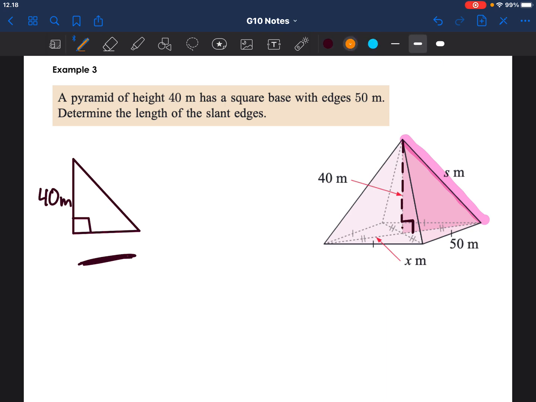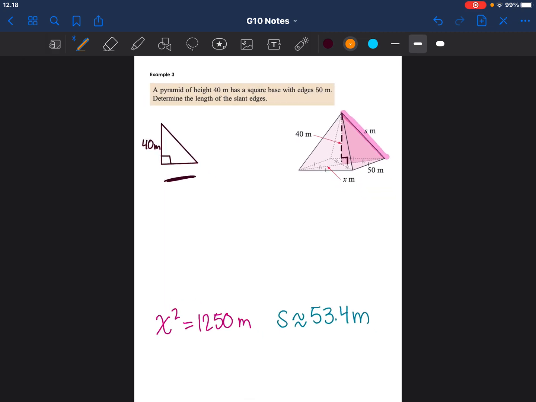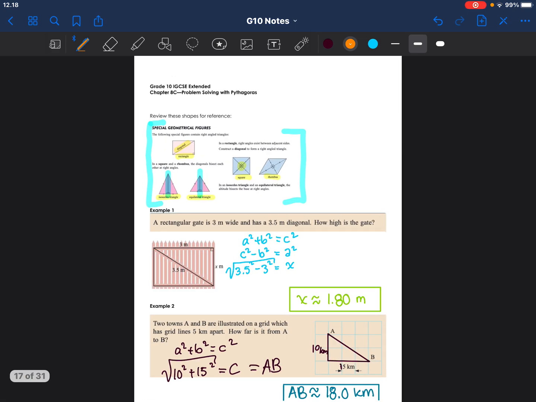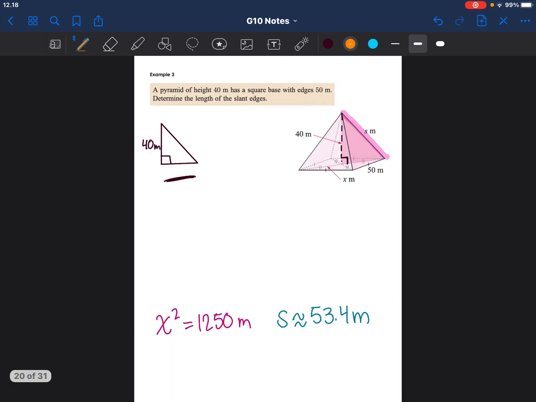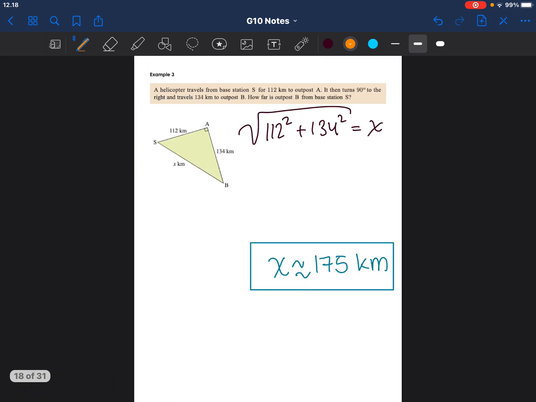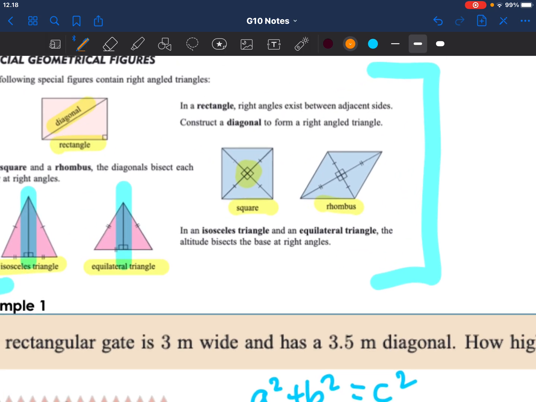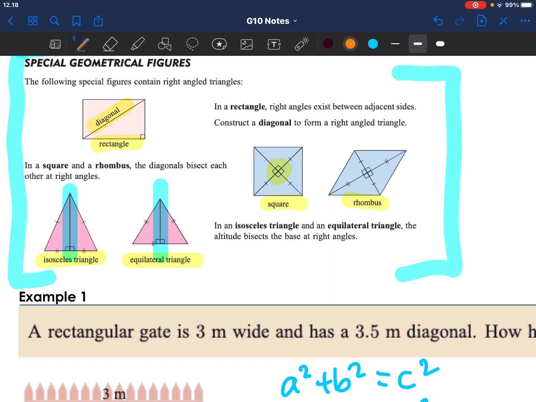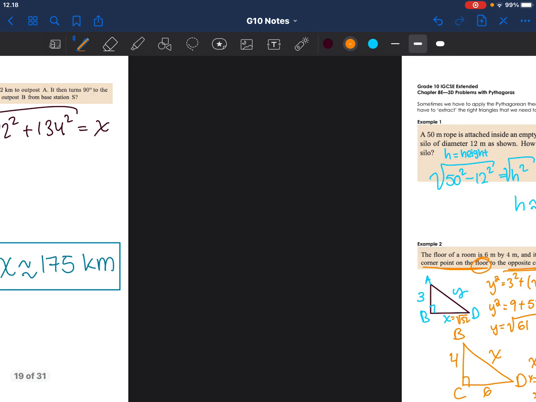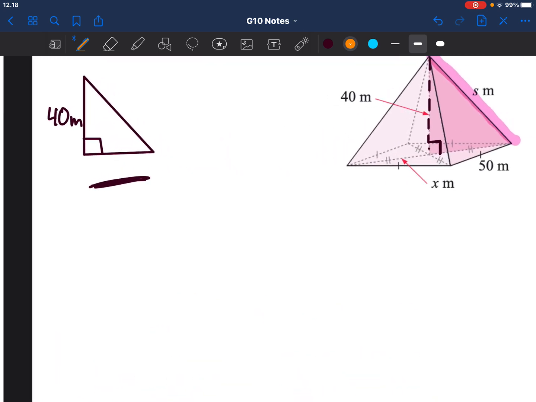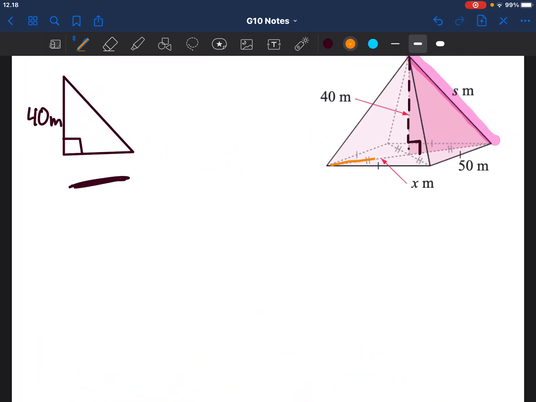Okay, again, go back to the beginning of the video and I showed you guys that this was a square pyramid, right? So a square, the diagonals bisect each other at right angles. So that's awesome for us. So that means this little triangle here, this is a right angle.